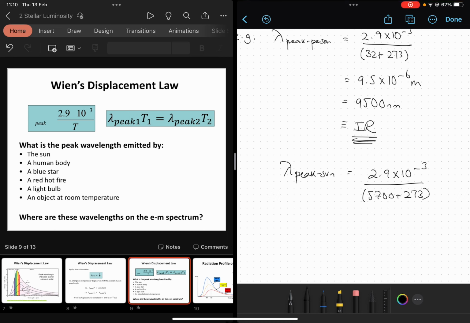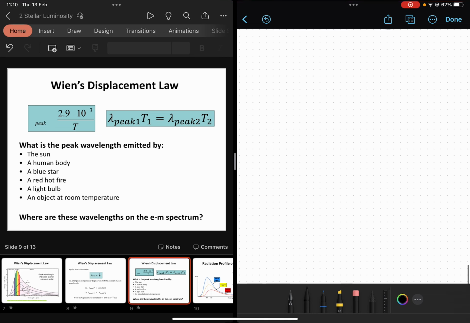Add the 273 to it, and that comes to 4.9 times 10 to the minus 7 meters, which is about 490 nanometers. Okay, and that is consistent with photons of green light. Okay, so that's how we do a calculation with Wien's law.